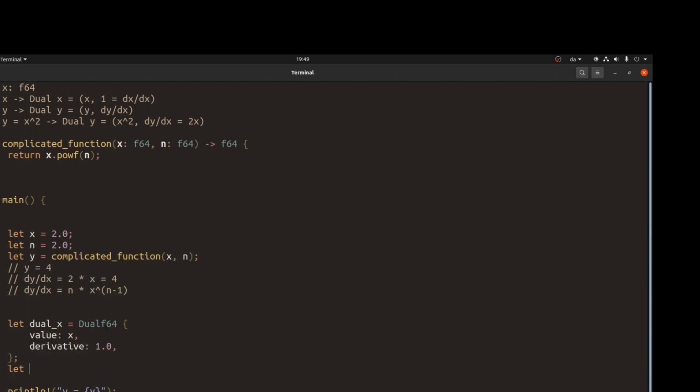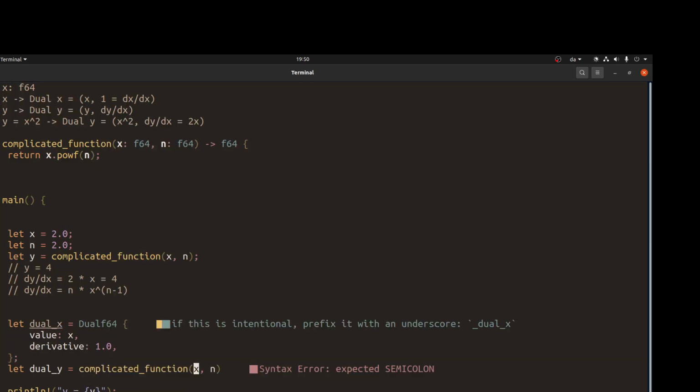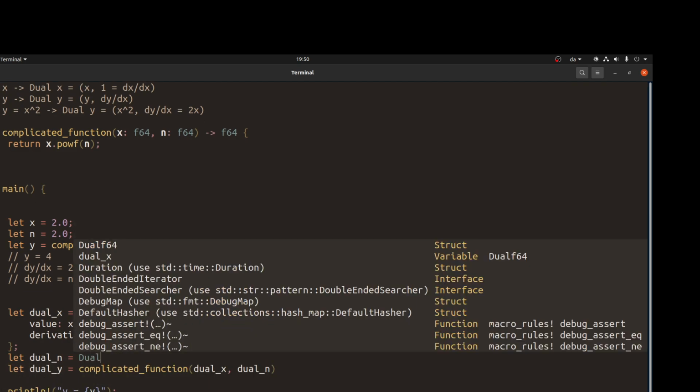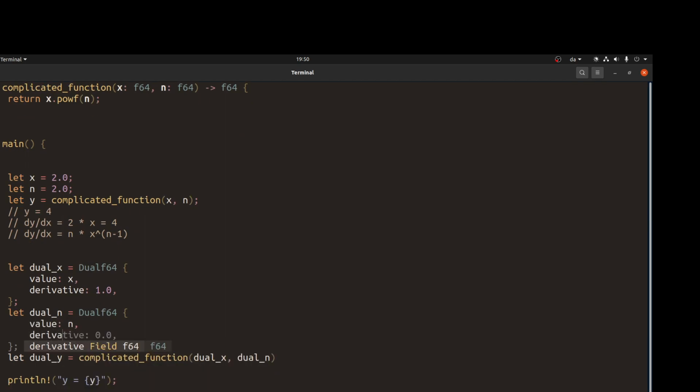And then we would like to say dual f is just the dual x, and then maybe we'd also need a dual n, so we can make that. Let's make a dual n. It's again a float, and the value is n, but now n is just a constant, so the derivative should be 0.